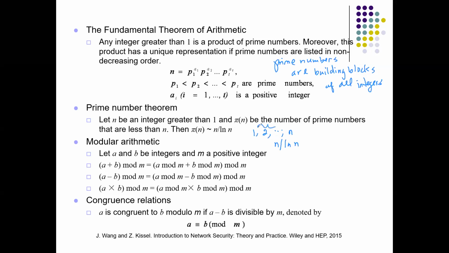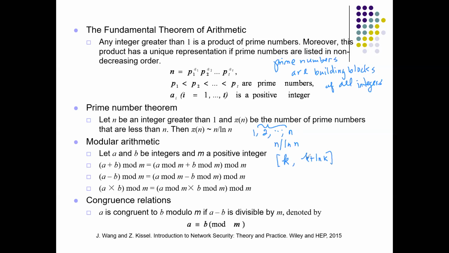Okay, so altogether there are n numbers. And also they are distributed so that, for instance, you look at a range. Say this is X, and then let me use maybe K. Then from K to K plus log N, in this range there will probably be a prime number.